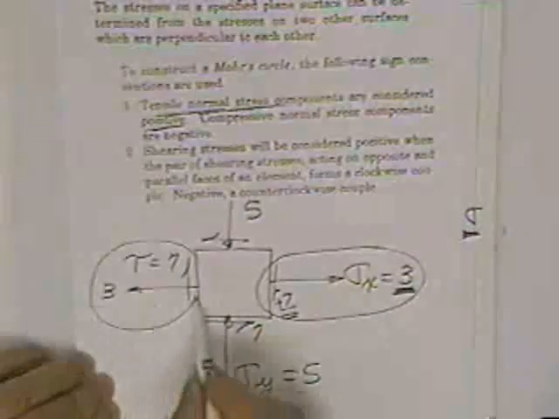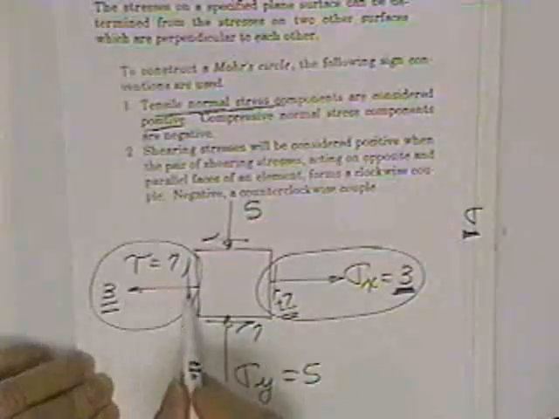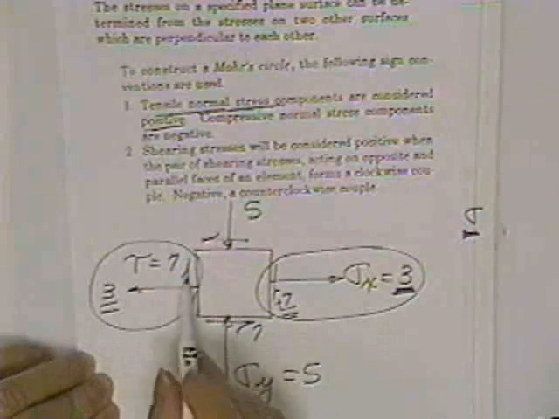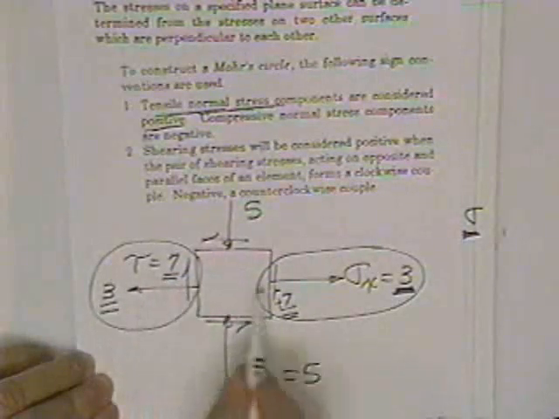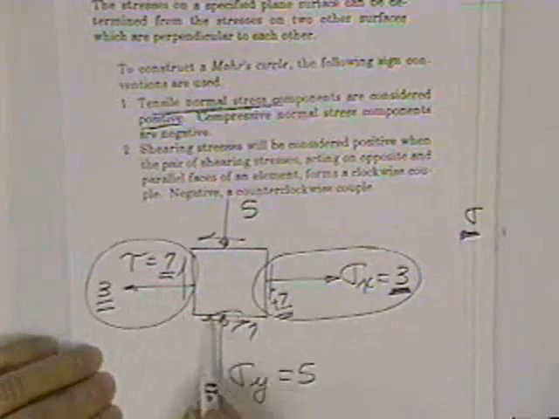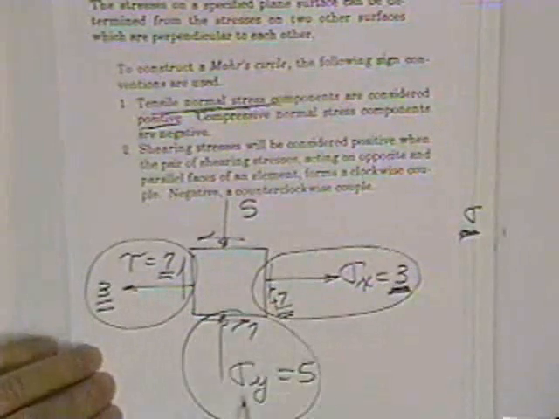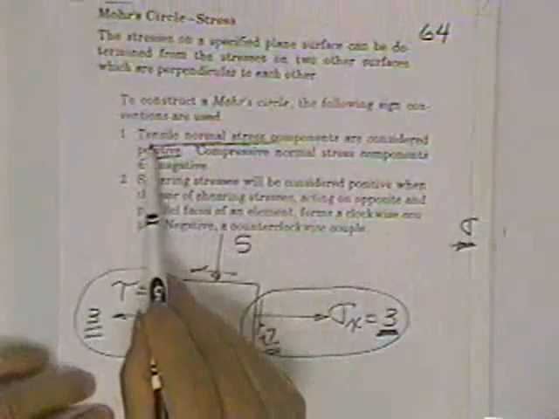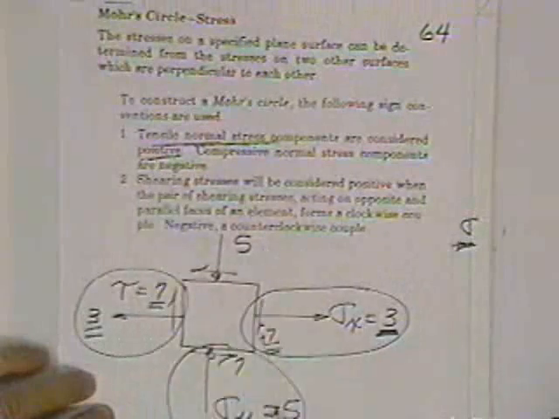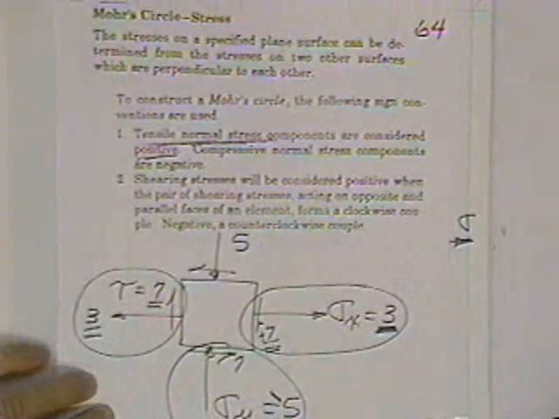If you were to plot this one instead, you get the same thing, because that's a plus 3, and that's a clockwise moment due to this guy. So you plot 3, 7. Whichever vertical face you plot, they're the same. Now let's plot this thing here. This is a sigma-y of 5 compression. The sign convention says tension is plus, so this is a minus 5.